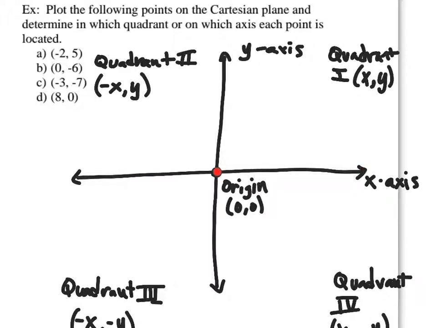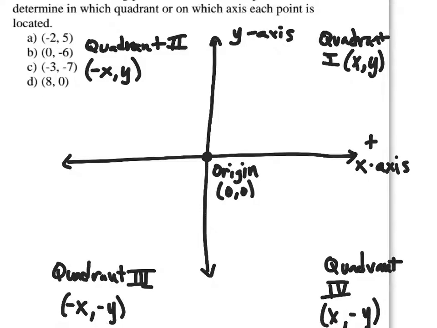Over here on this side, the x values are positive, okay? And notice what happens. If I'm on this side in these 2 quadrants, my x values are positive. Now over here on this side of my x-axis, this part is negative, okay? Same thing with my y-axis. Up here this is positive, down here this is negative, okay? And that's going to help me plot my points.